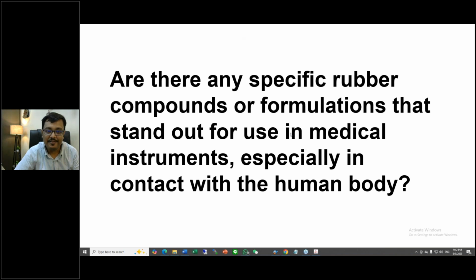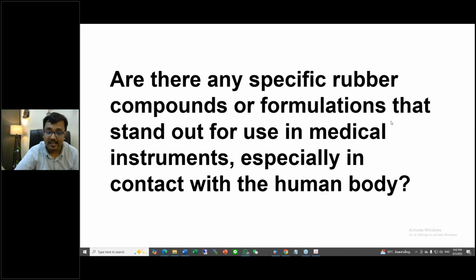Are there any specific rubber compounds or formulations that stand out for use in medical instruments, especially in contact with the human body? I think I partially addressed this in the previous question. You can think of polydimethylsiloxane, which is silicone rubber. Silicone rubber based materials can be effectively leveraged.